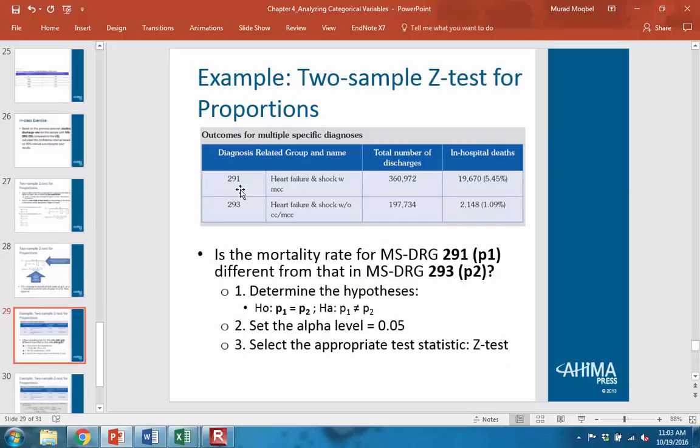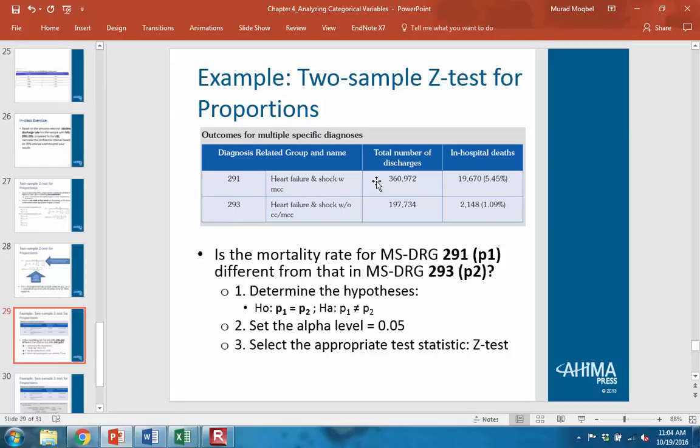Now let's look at this example here. It gives us two samples. It gives us the sample sizes for two DRGs, the DRGs for heart failure, DRG 291 and DRG 293.